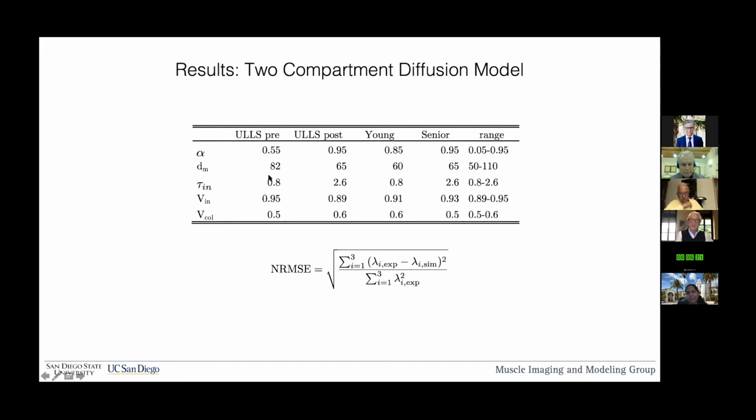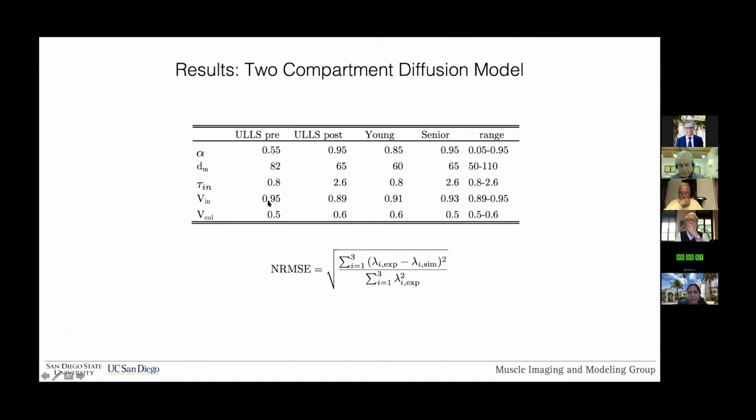And we didn't find as much difference in the others. In fact, for the fiber diameter between young and old, we didn't see much of a difference, though we saw some difference between the pre and post for the disuse atrophy. So it shows that we can get some parameters out that could be related to the real microstructural changes.